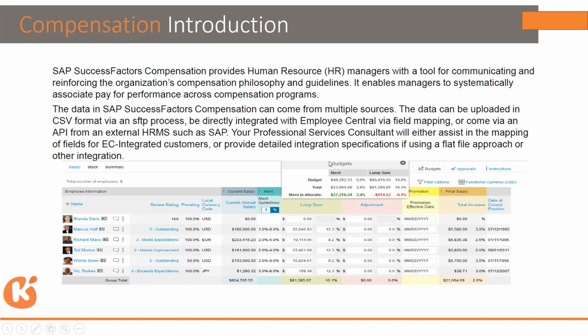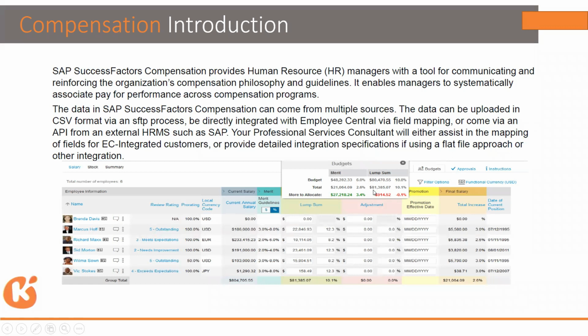Then you will see, here I was telling you that you have a budget. You can club all the budget into one, or define your budget group-wise also. Here they have given a budget as a lump sum of $80,470.